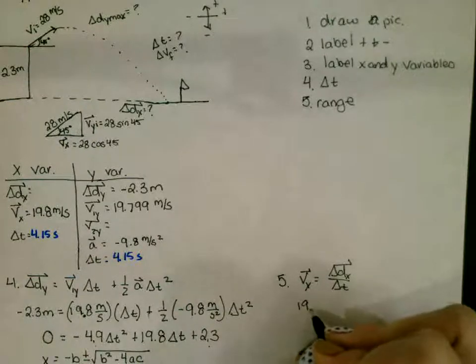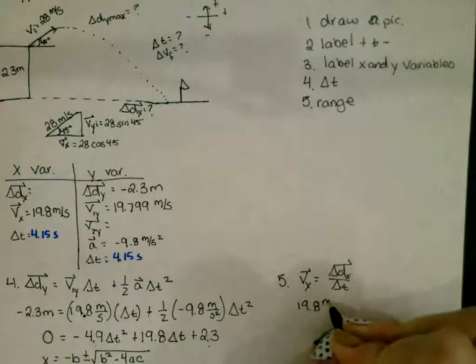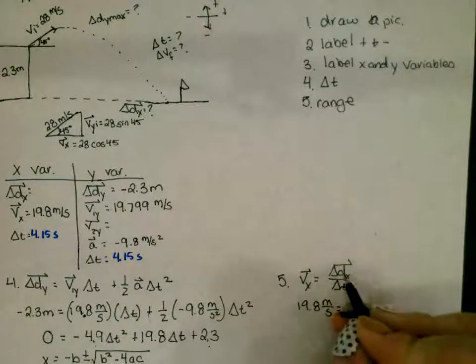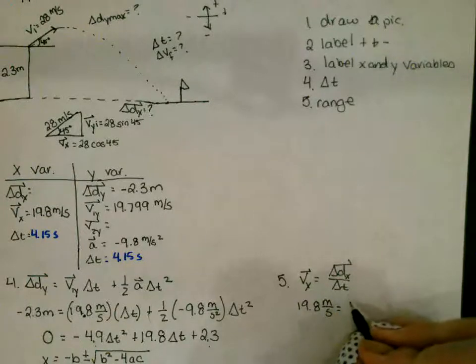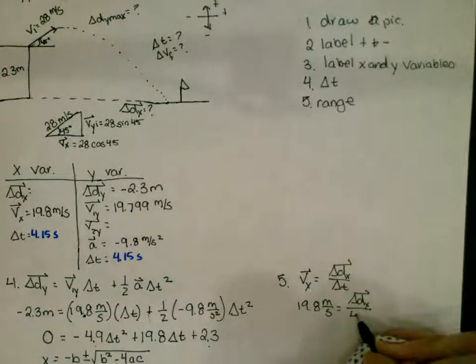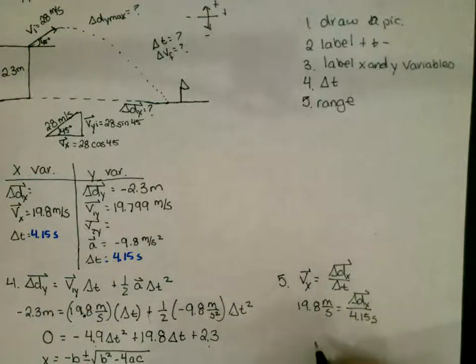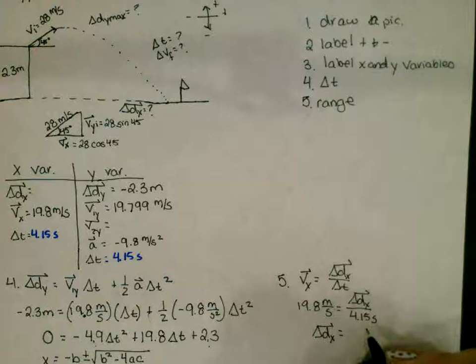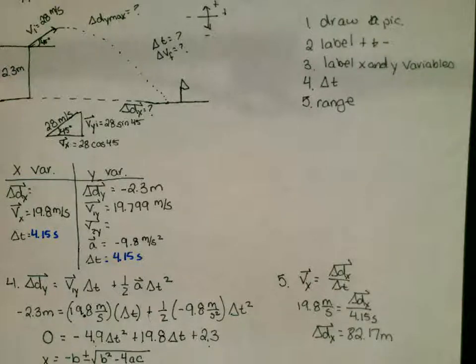So 19.8 meters per second is equal to our range, which is what we're looking for, over 4.15 seconds. So our range is equal to 82.17 meters. So I can plug that in.